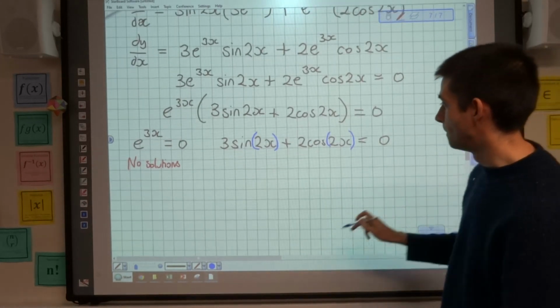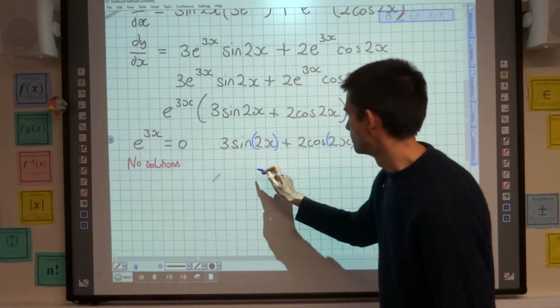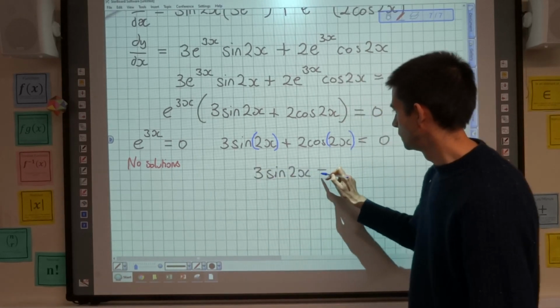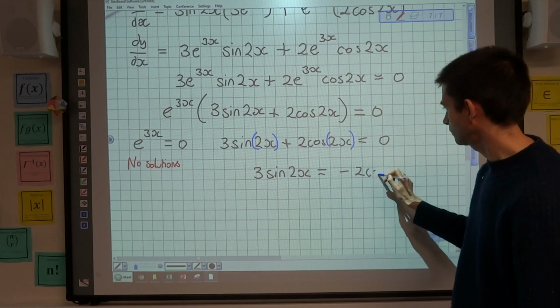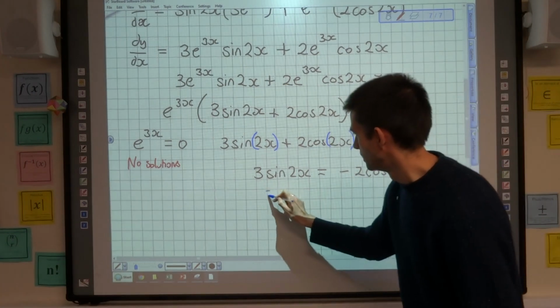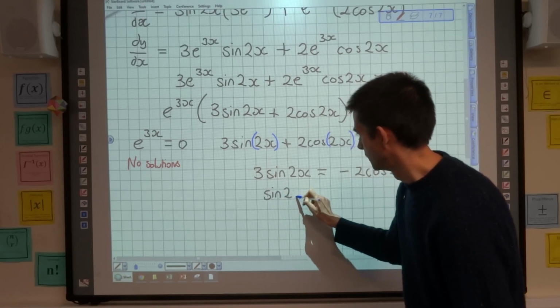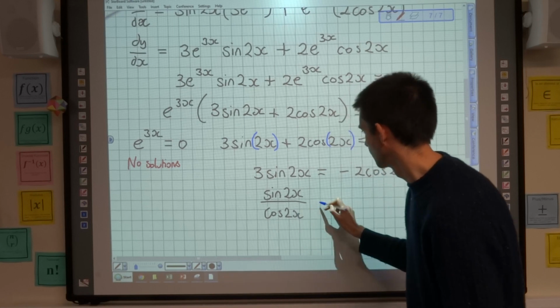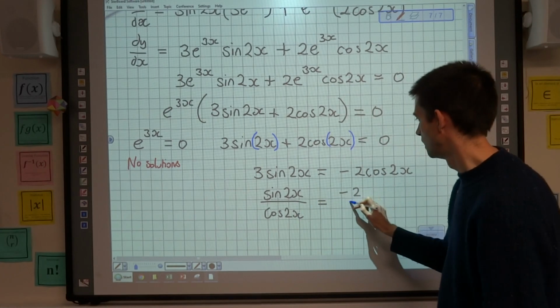So to enable that to happen, I'm first of all going to write it as 3 sine 2x equals negative 2 cos 2x. And then I'm going to manipulate that so it's sine 2x over cos 2x equals negative 2 over 3.